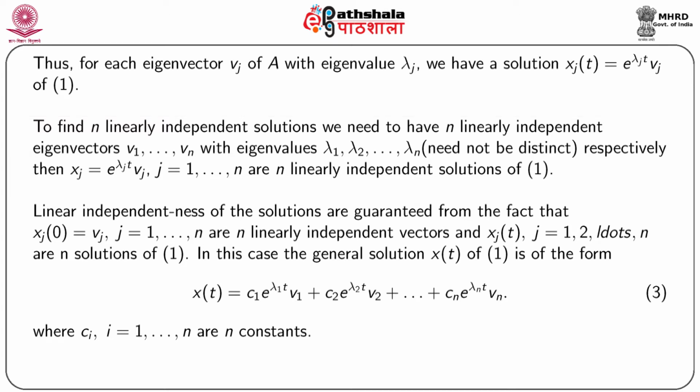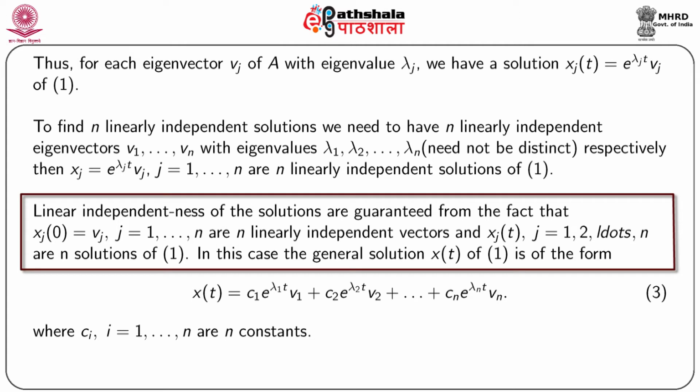Now, linear independence of the solutions is guaranteed from theorem 1.4 discussed in the previous module, and the fact that xj(0) = Vj, j = 1, 2, ..., n are n linearly independent vectors.